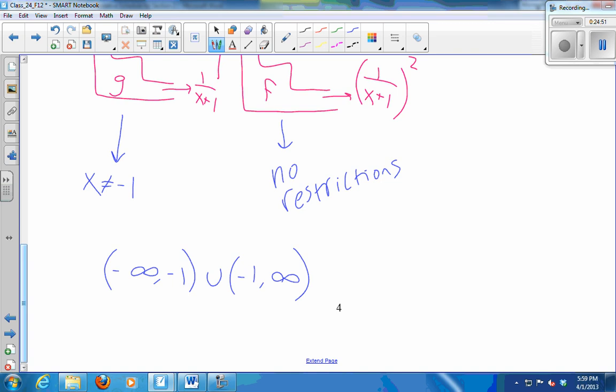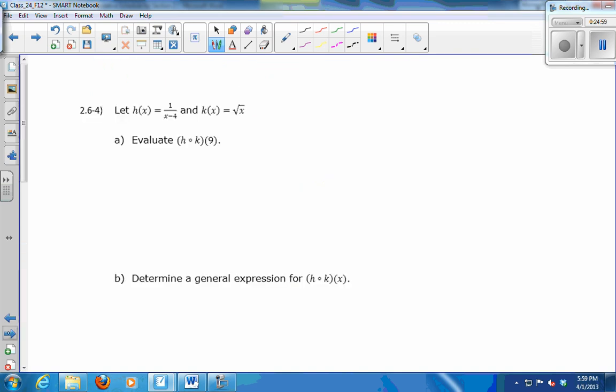So it seems like it's the same domain as all the other ones, right? But it's not always the case. So we're going to do one more. Actually, you're going to do one more in your groups. I gave you a new function, h and k. I want you to go through and do a and b, and then we'll do c together.